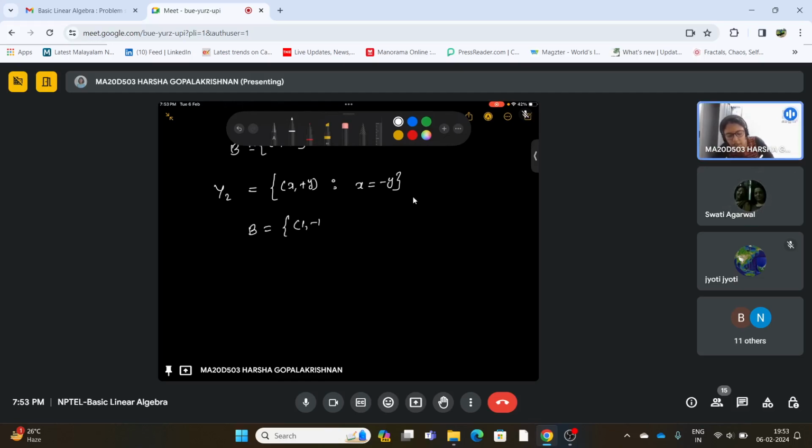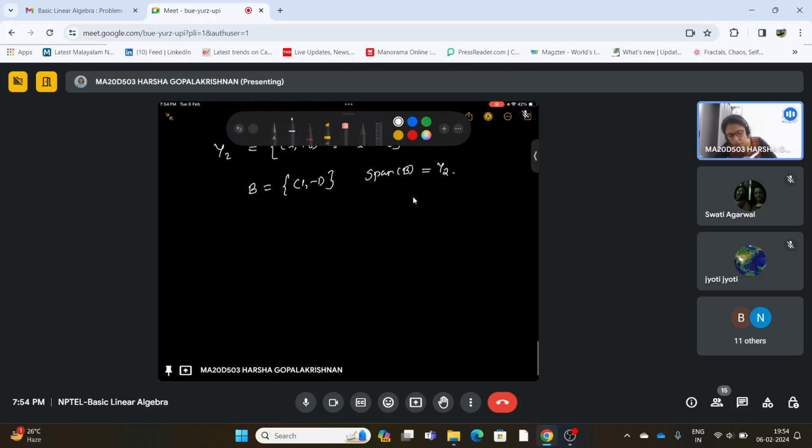Just (1, -1) is enough. Just by looking at the set, we are able to say what is enough to generate y2. A proper subset of B cannot generate y2, and B obviously generates it, span of B equal to y2.